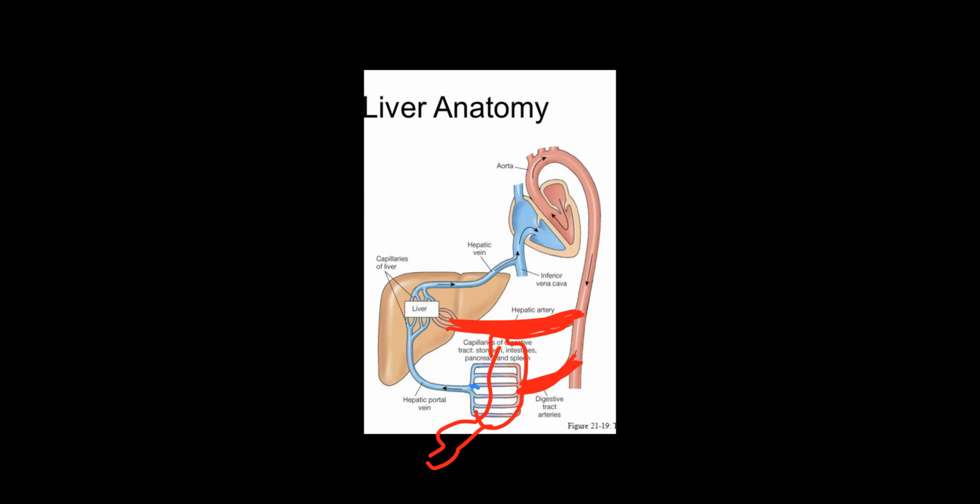But the veins coming out from the alimentary canal, instead of going back and joining the vena cava, open and capillarize into the liver. This is called the portal system.